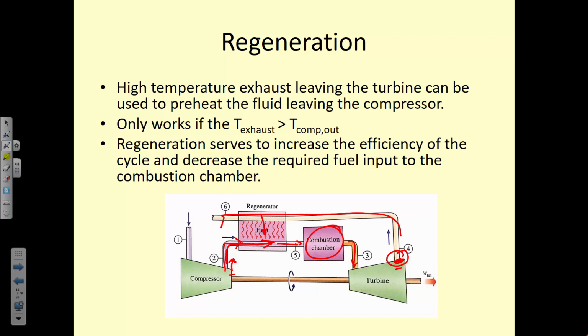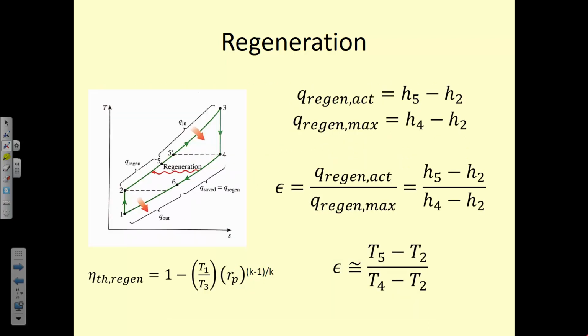So if they're already close to the same value, it's probably not worth the added expense of implementing more machinery in your gas turbine power plant. However, if there's a great advantage to doing it because there's a high temperature difference between the two, then that's worth looking at and investigating.